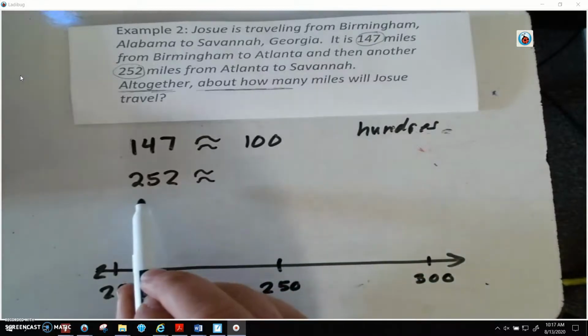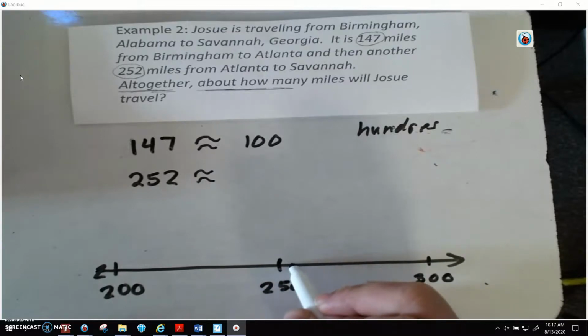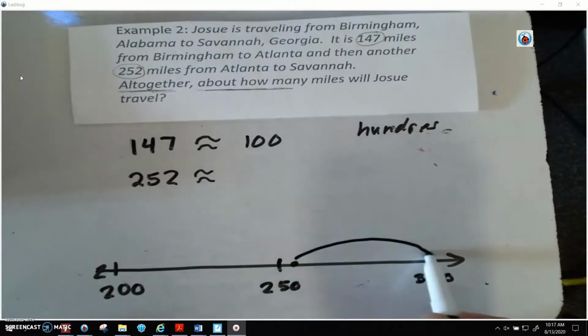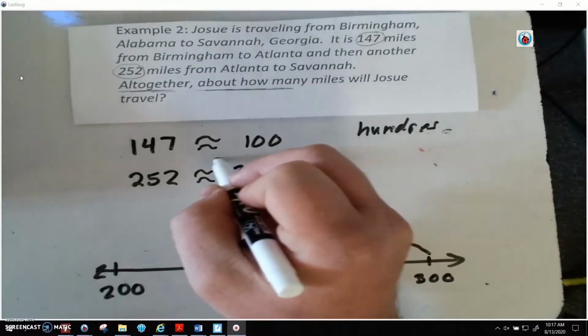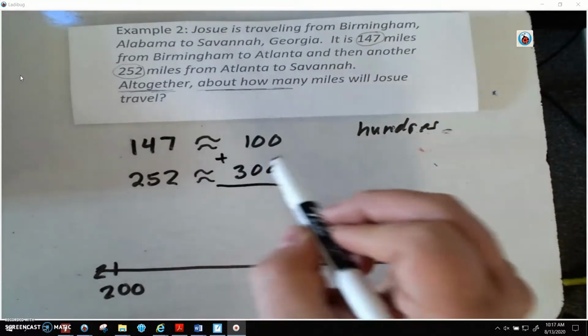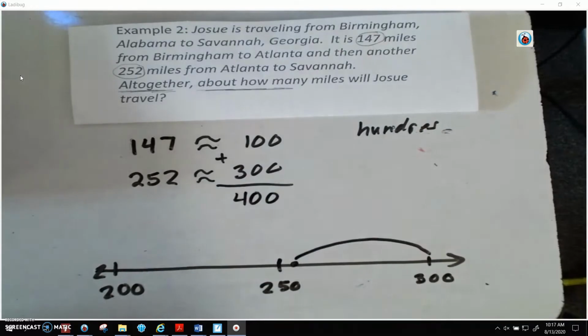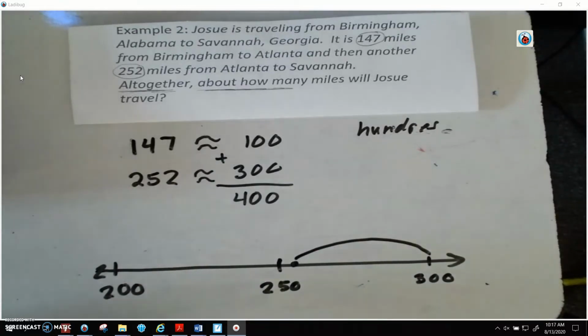Now this time I'm a little bit more, so it would be right here at just past 250, which means I'm going to go to 300. So if I added those together, 100 plus 300, it would still equal 400. So with this example, whether I round to the nearest tens or the nearest hundred, it's still going to give me an answer of about 400 miles. That's how far they will travel.